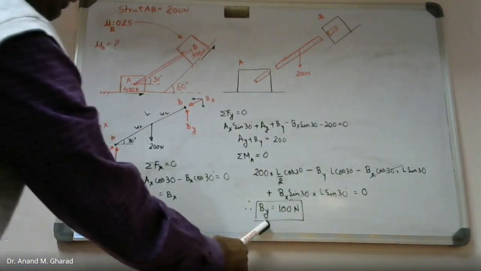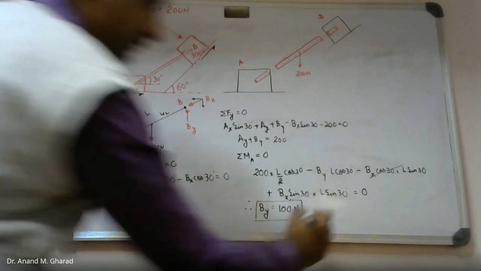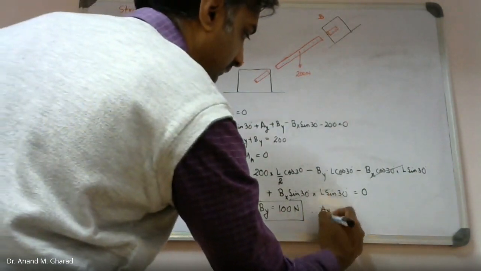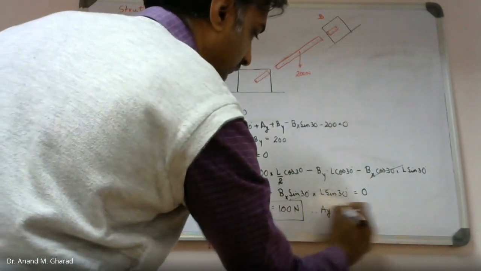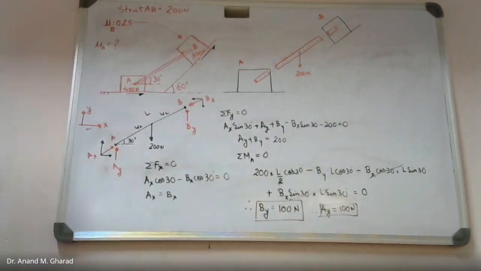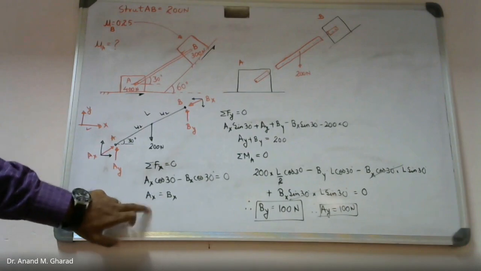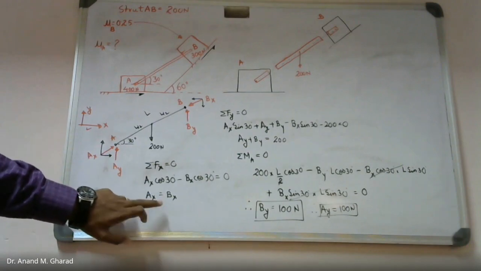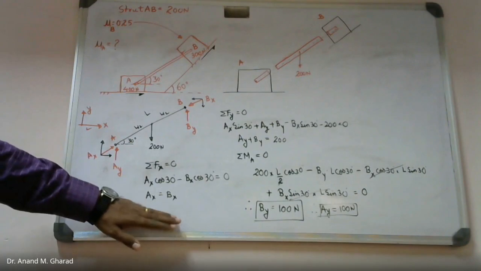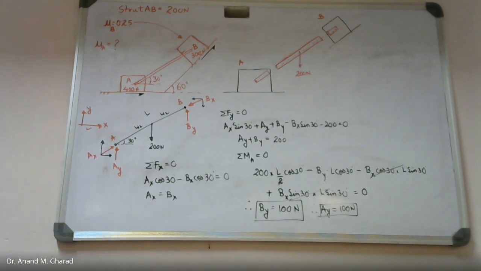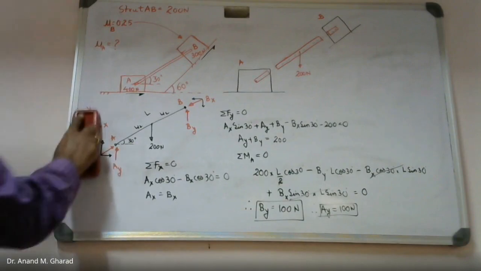Since By is 100 Newton, Ay will be again 100 Newton. So this is how the Ay and By values can be evaluated. However, Ax and Bx are still unknown parameters, but they will be there. Ax equal to Bx value. So I suppose you have understood this thing, right?